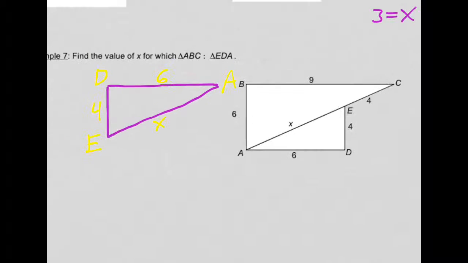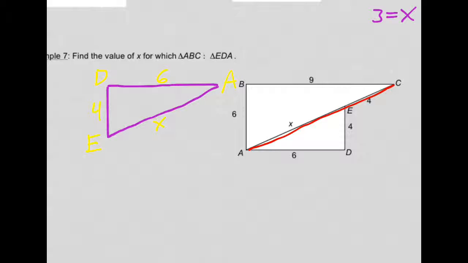So now I know that these guys are proportional, right? My two triangles, or at least I'm trying to make it so that the value of x makes these two proportional. Well, what do I know for this triangle for AC? What is the length of AC?